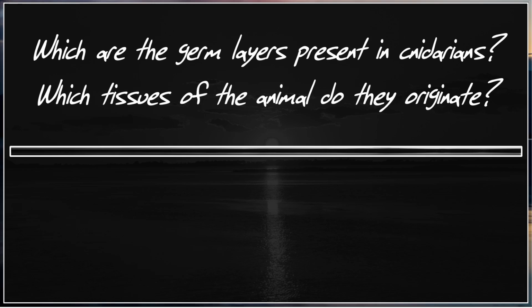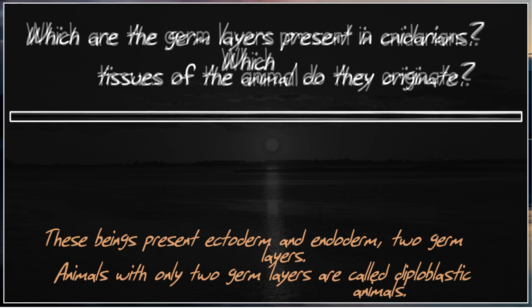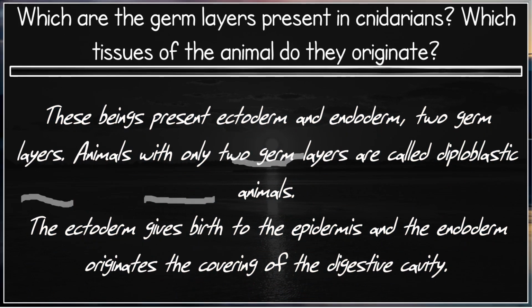Which are the germ layers present in Cnidarians? Which tissues of animals do they originate? These beings present ectoderm and endoderm.